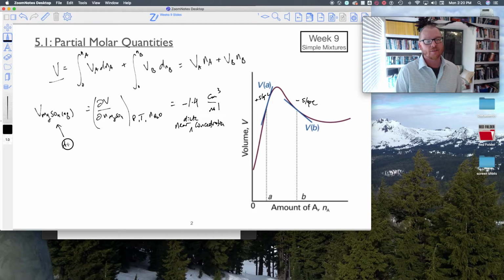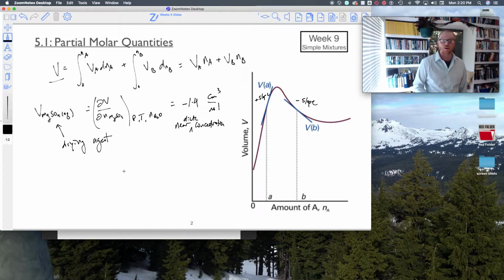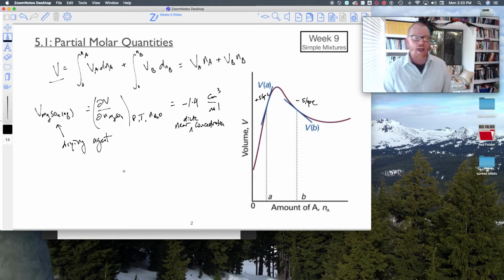Well, magnesium sulfate is a drying agent. Those of you that are good with your organic chemistry, remember that if you want to dry out water in a mixture, you can add magnesium sulfate, and that complexes the water, right? It makes a hydrate. So the effect of that is it actually reduces volume from our solution.